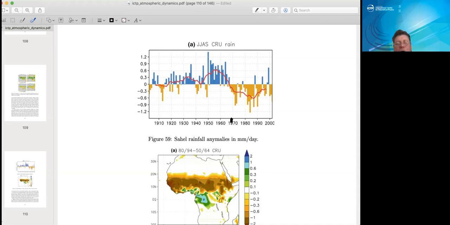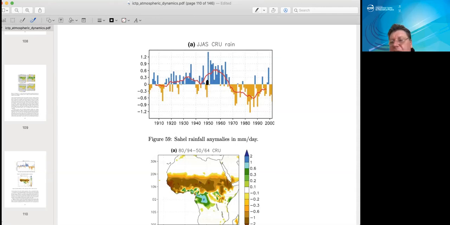Now, what could one do in order to investigate this? So one thing one could do is, for example, to take this time series and correlate it. A good candidate would be sea surface temperatures. Now we know El Niño is influencing global climate. So maybe that is related to sea surface temperatures.